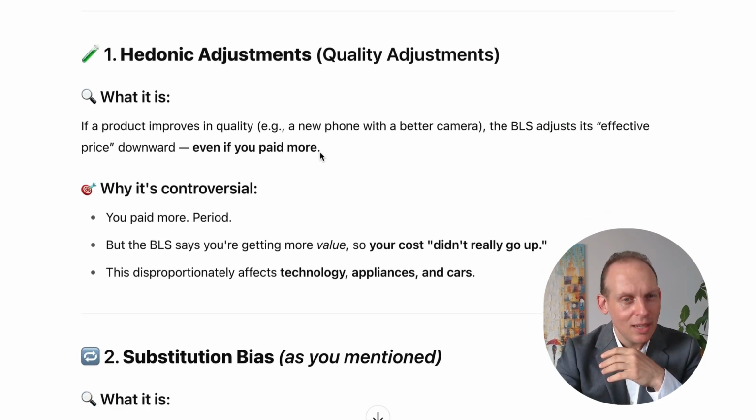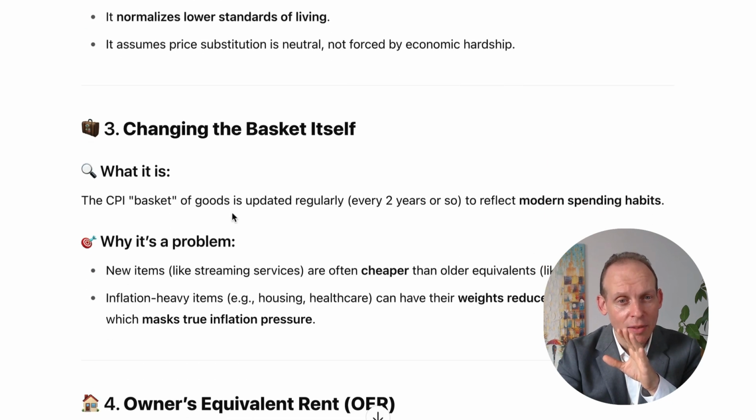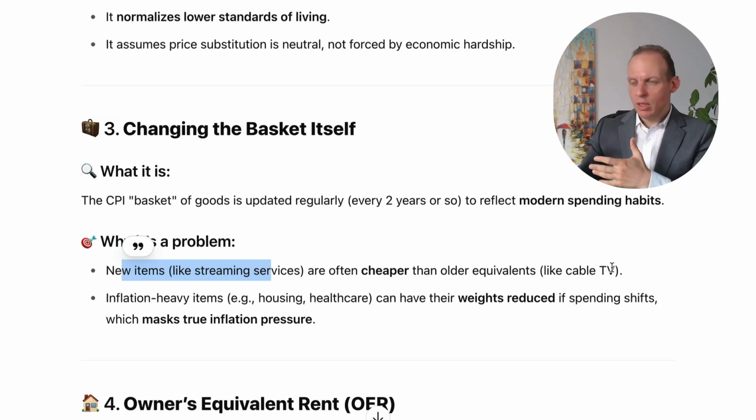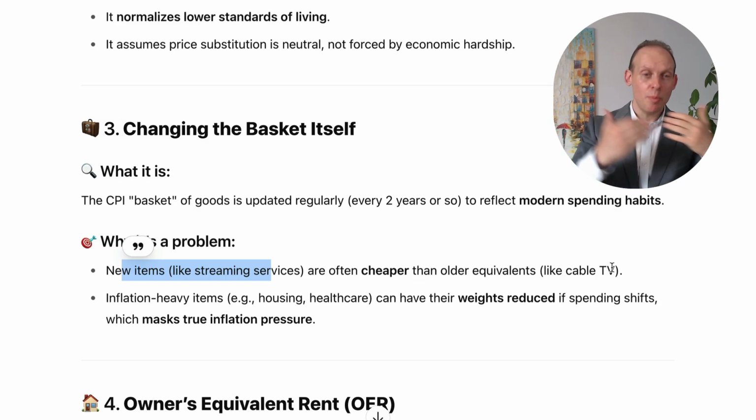And it explains more about hedonic adjustments, substitution bias, changing the basket itself, like, for example, new items that come on the market, like streaming services that are cheaper than cable TV, just totally different and new products and services that are just cheaper than predecessors.